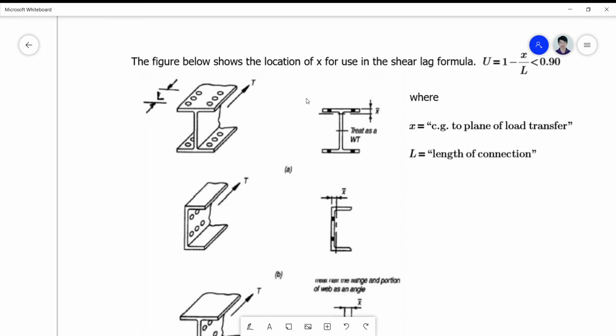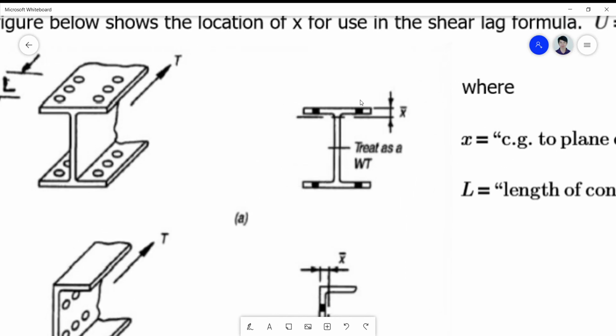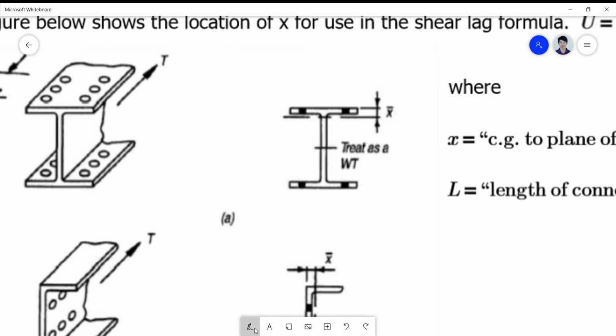Your L is this one, and your X bar is this distance from the top flange to the centroid of half the area. Okay, so you make use of your X bar now as the centroid here, the center of this T area. Okay, so where do you get the centroid of this T area? You just get the T section, then look at the table, or if not, you solve it using Varignon's theorem. Okay, so this is now X bar.